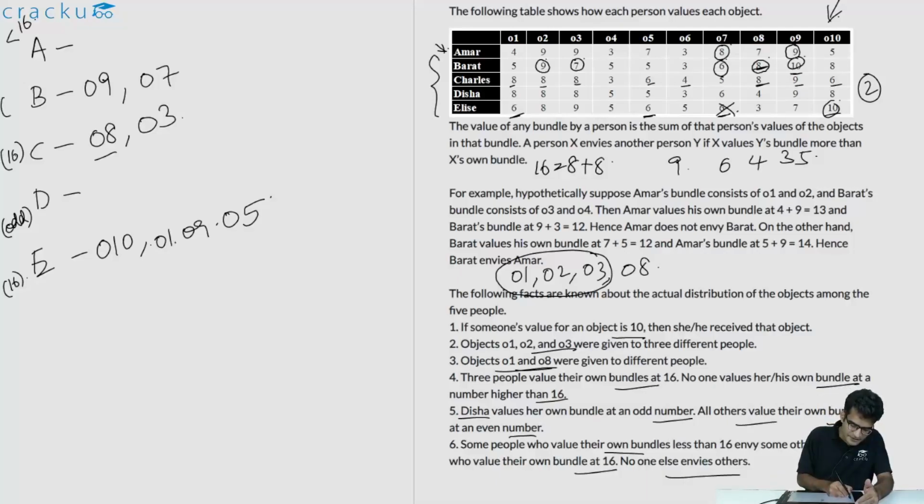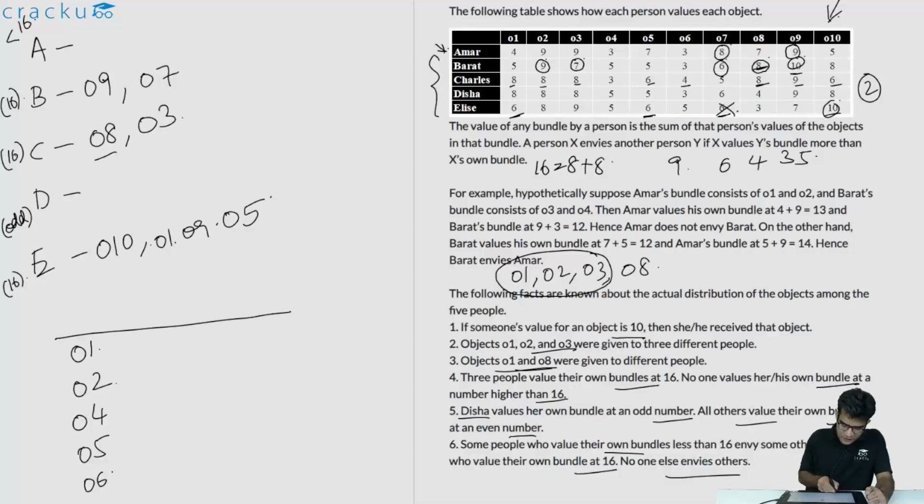Now we know that Bharat has 16, Charles has 16, E also has 16, but we don't know whether E has O1 or O5. Now let us first take stock of what else is remaining. The objects that are remaining, which we haven't for certain attributed to one of the 5 people, are O1, O2, O3 is attributed, O4, O5 and O6.